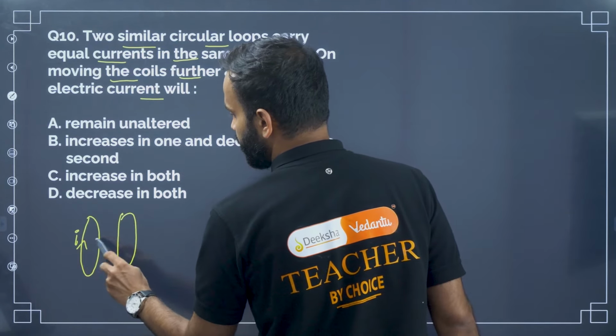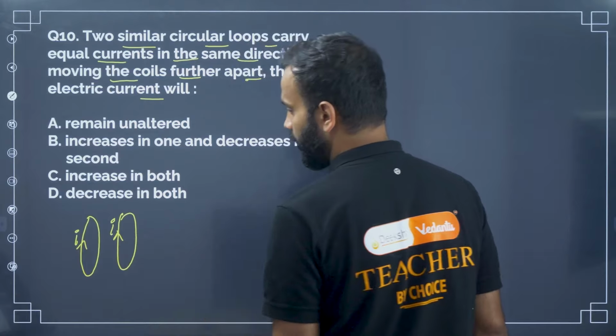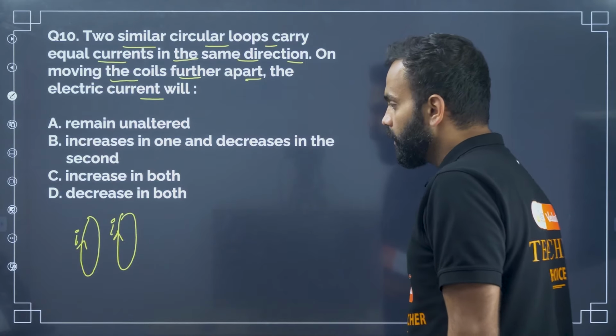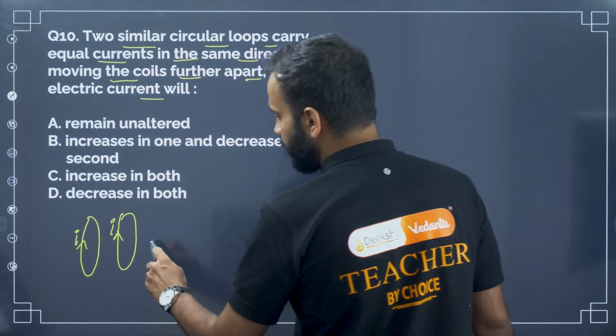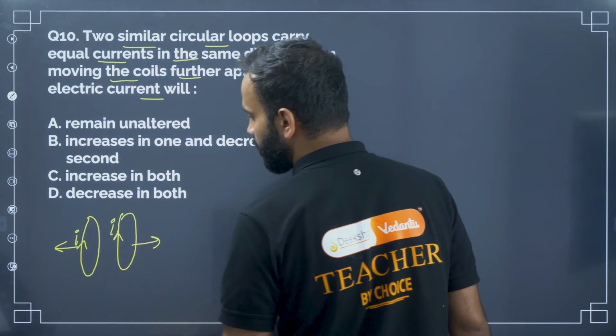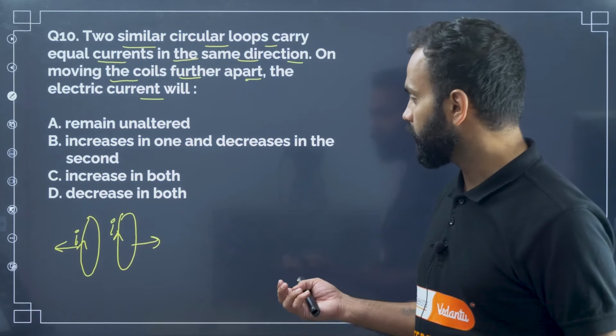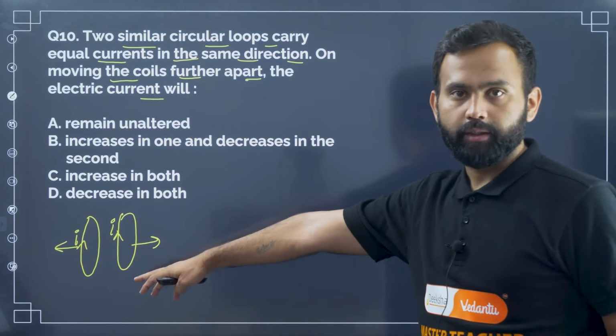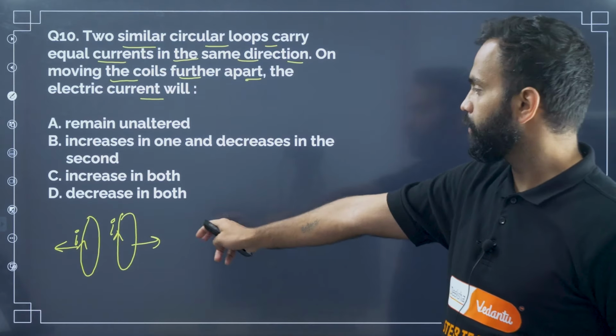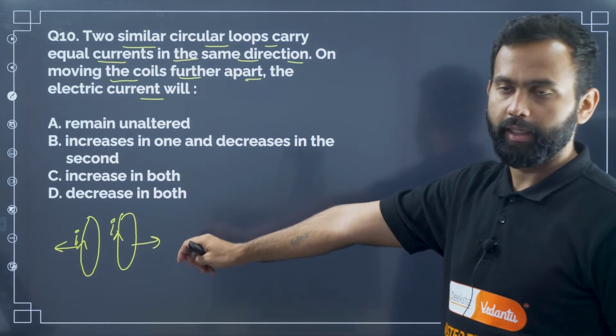Here the current is I and I. When these two coils move away from each other, the magnetic flux through these two coils will decrease.